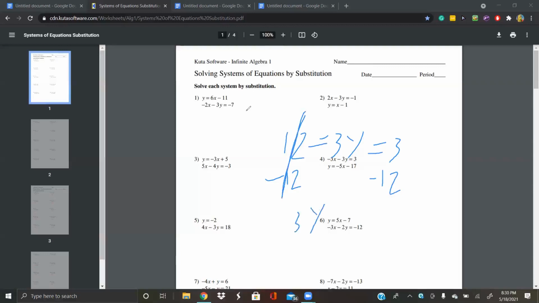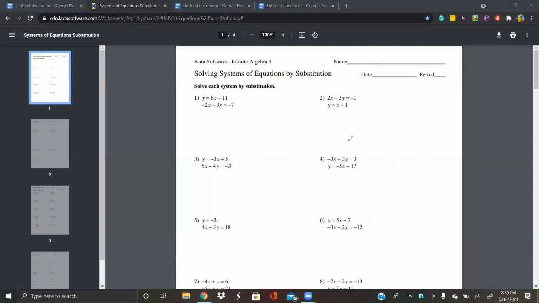Sorry, this is actually negative 3y equals negative 9. We have to divide by negative 3 to isolate the y, and that leaves us with y equals 3. So that is our answer, negative 4, comma 3.